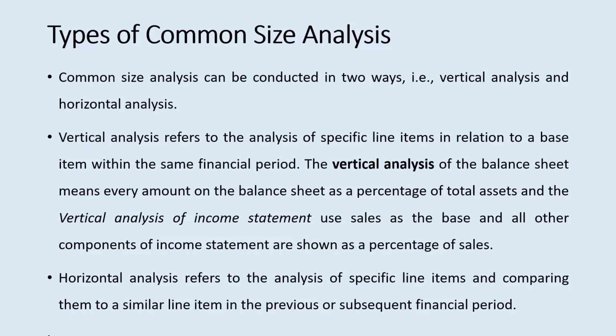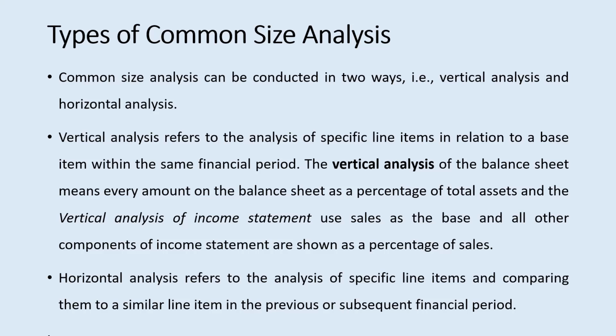And the vertical analysis of the income statement uses the sales. Here we have to take the net sales as the base, and all the other components of the income statement are shown as the percentage of sales. So, in the vertical analysis, for the statement of financial position, we are going to take the total asset.